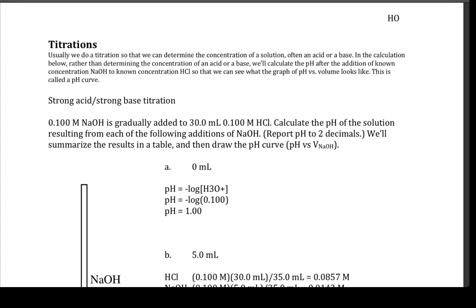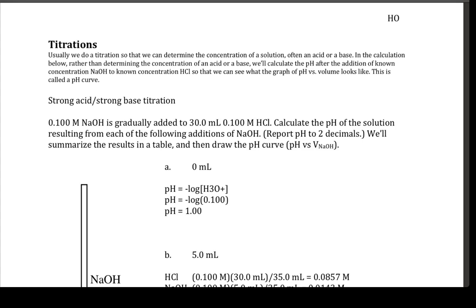In the calculation below, rather than determining the concentration of an acid or a base, we'll calculate the pH after the addition of a known concentration of NaOH to a known concentration of HCl, so that we can see what the graph of pH versus volume looks like. So pH versus volume, pH is on the y-axis, volume is on the x-axis. That is often referred to as a pH curve.